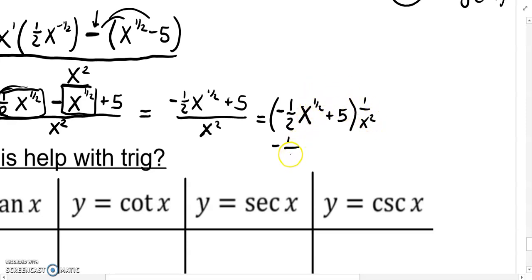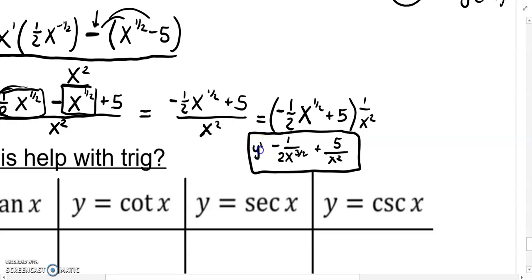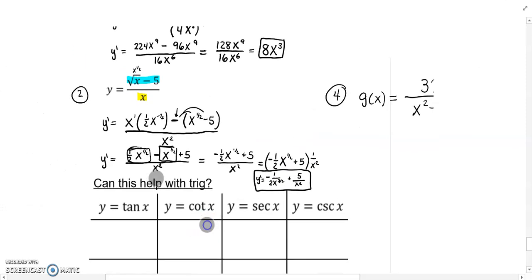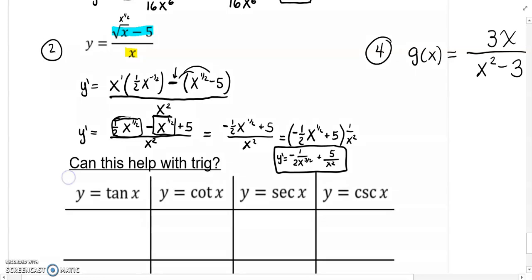So this is going to be x to the 3/2 down at the bottom. And there should be a 2 there as well. Plus 5 over x squared. And so this is going to be our final answer for the derivative. So a little bit more simplifying has to be done with these. It makes it a little bit more annoying, but nonetheless, we should be getting the same results we got before.